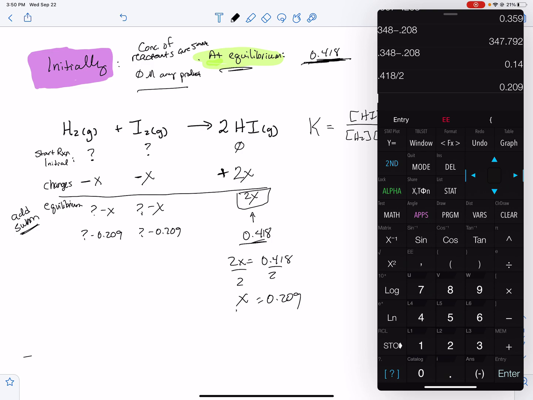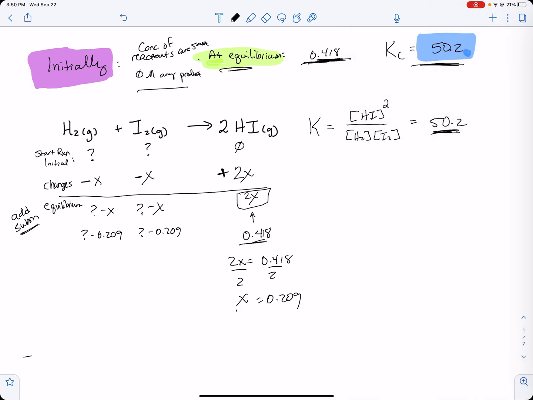Since we know what K is equal to, we can plug in those values: 2x squared, and then the question mark minus 0.209, times question mark minus 0.209 equals 50.2. Sorry, I didn't mean to put a 2x in there. So again, I just have one variable, the question mark, or whatever letter you chose. So I can solve for those terms.